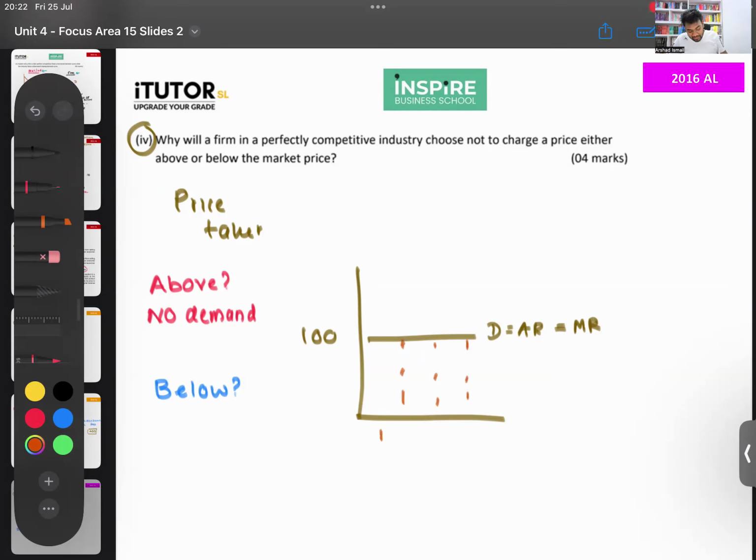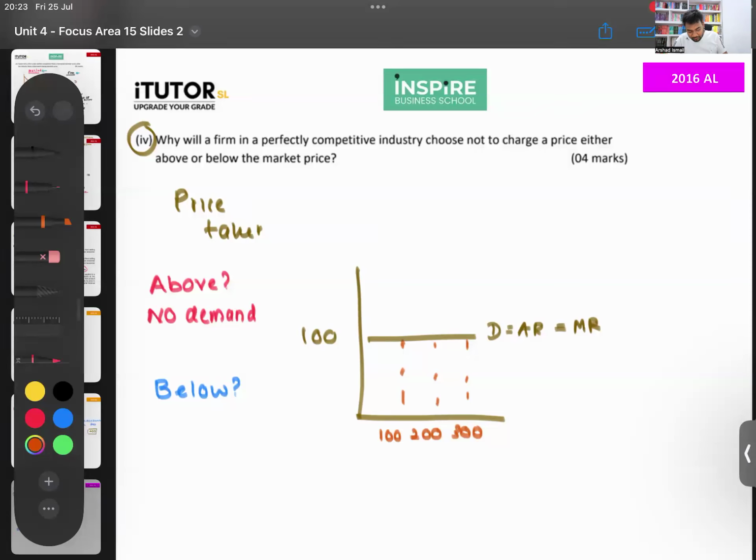So whether he brings 100 kilos, 200 kilos, or 300 kilos to the market, he can sell all of his output. There is enough and more demand because a large number of buyers are also there. There is enough and more demand at the price of 100. So if he can sell all of his output at the price of 100, why would he reduce it for no reason? That's why he won't reduce.